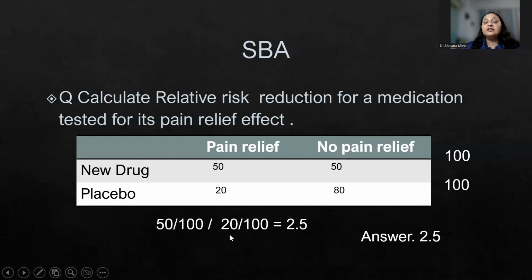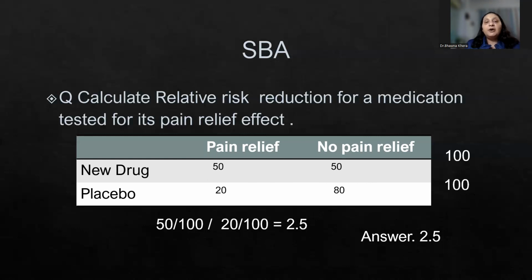So 50 by 100 divided by 20 by 100. 50 divided by 100 is 0.5, so 0.5 divided by 0.2 comes out to be 2.5. Your correct answer is 2.5, so the medication is 2.5 times more effective in reducing pain in these patients.